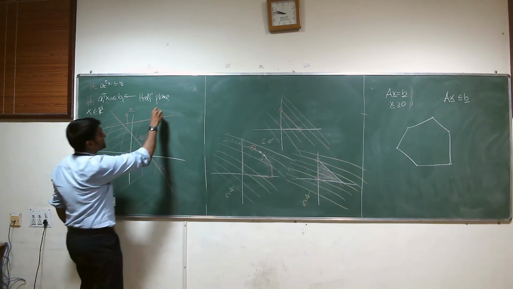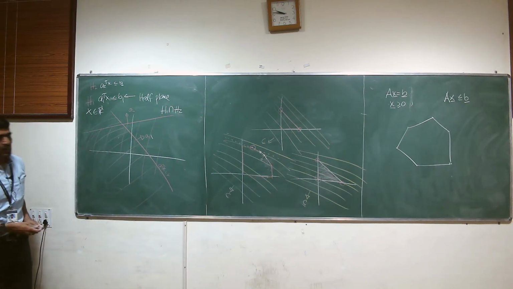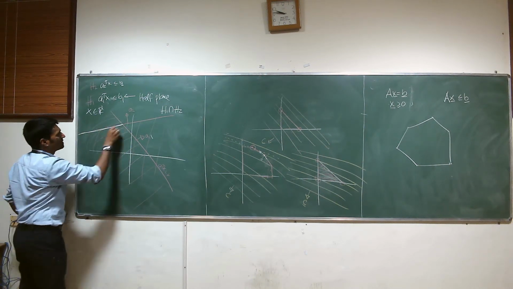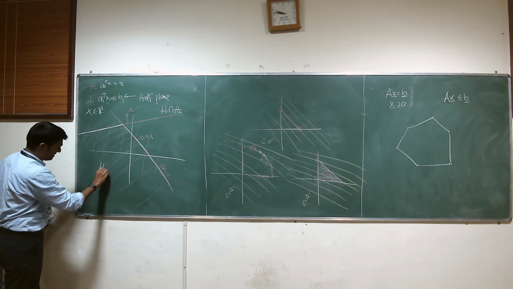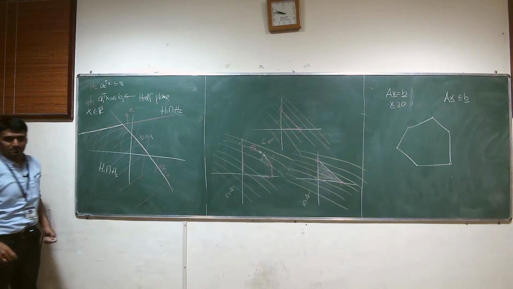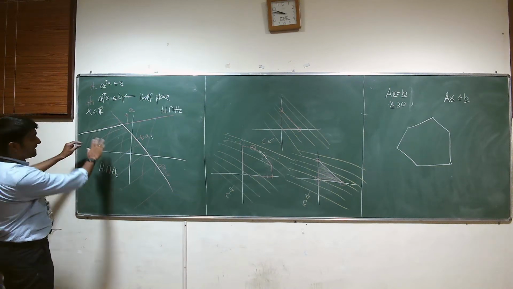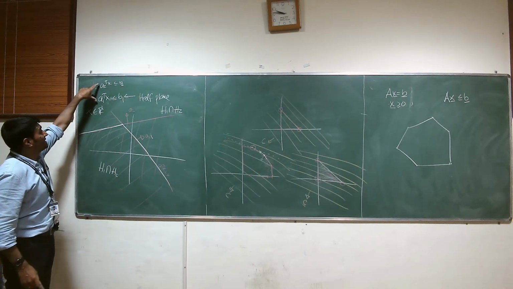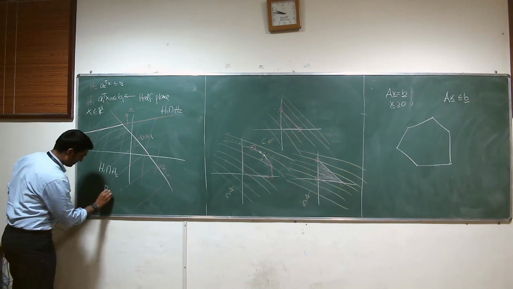Where is H1 intersection H2? Well, it's essentially this region. Any region that is constructed using the intersection of a finite number of half planes is called a polytope.